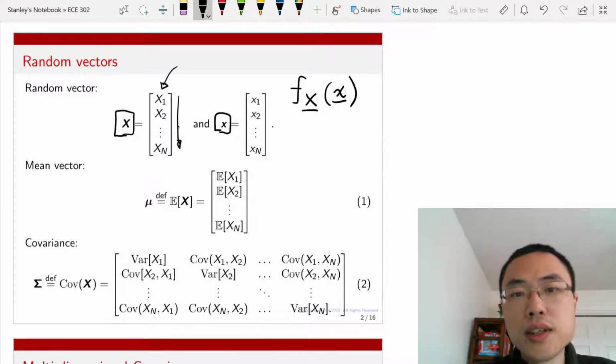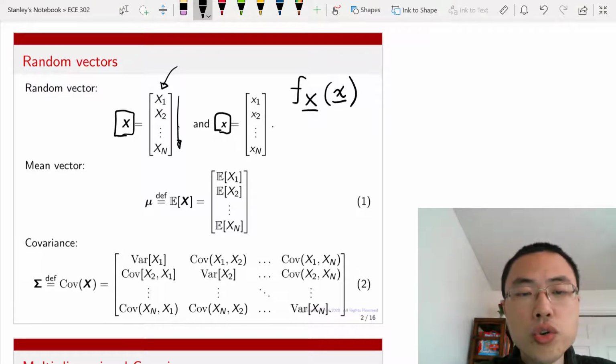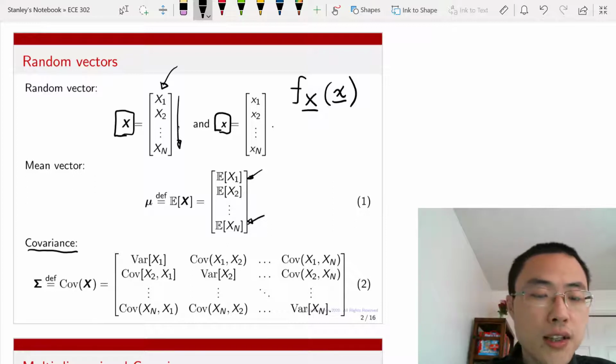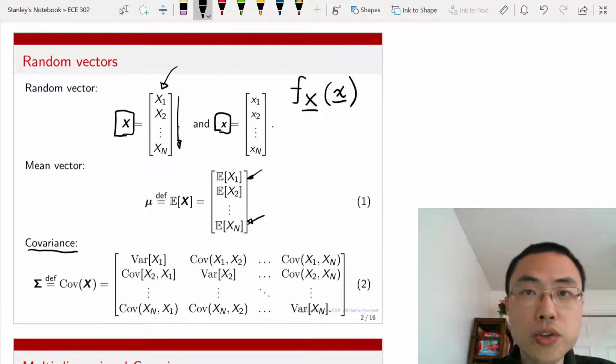Given the PDF, this is a joint PDF, it is a high-dimensional PDF, we can also define the mean vector, which is essentially just taking the mean of the individual elements of this vector. Furthermore, we can define the notion of covariance. The covariance is defined as this matrix, depending on how many elements you have in this random vector x.